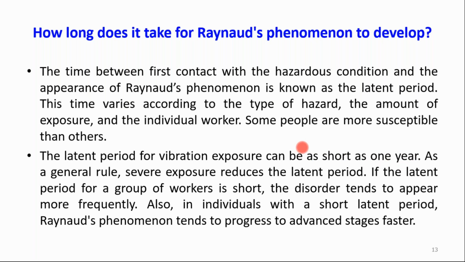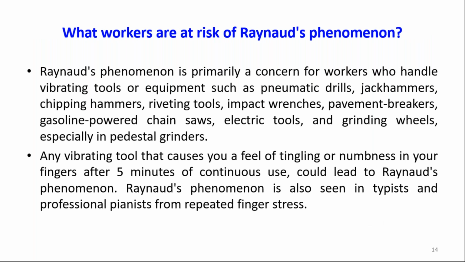So if you are working in cold exposure, or with hand-arm vibrating machineries or power tools which generate vibrations, then Raynaud's phenomenon may occur in your fingers or hands within a short period, within 1 year.